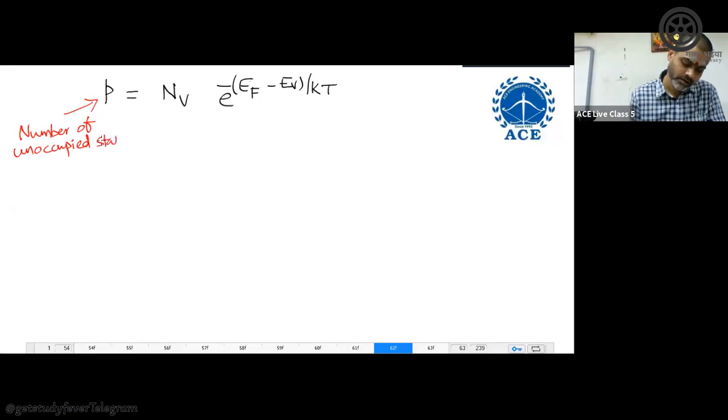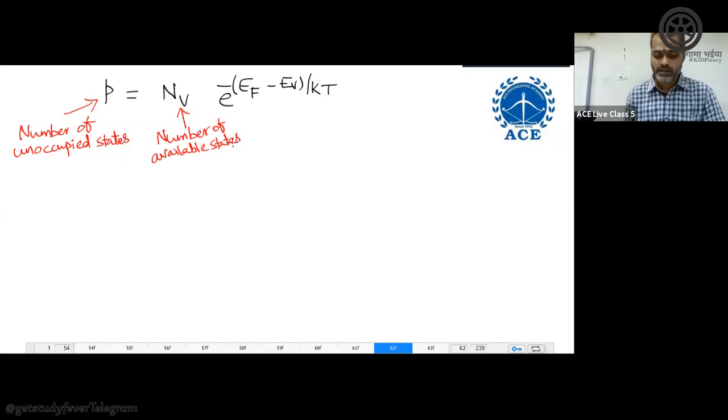Am I correct? Now, what is this NV? Number of available states. Am I correct? Just now we have given what the term NV is: effective density of states at the edge of the valence band. So can I say number of available states?